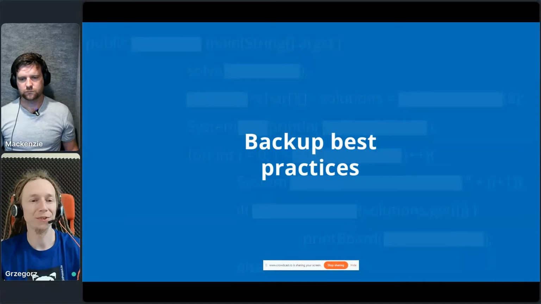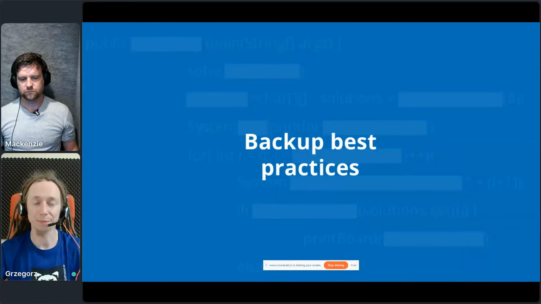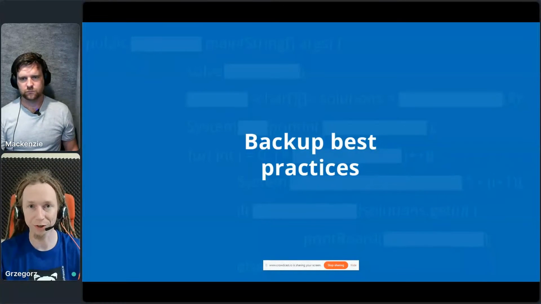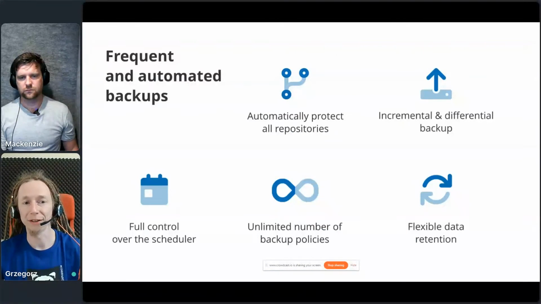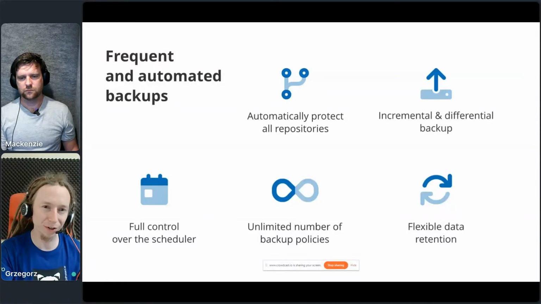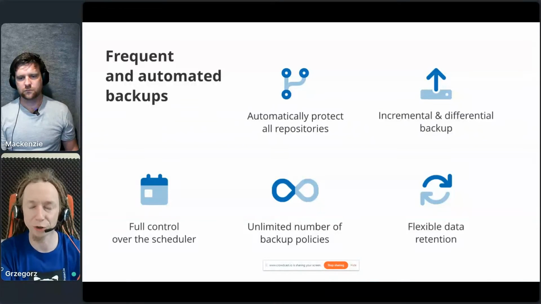And now it's time to take a look at backup best practices, how to protect your Git data well. First of all, your backup should be done frequently and automatically because, as we said before, manual backups are usually older than half a year.